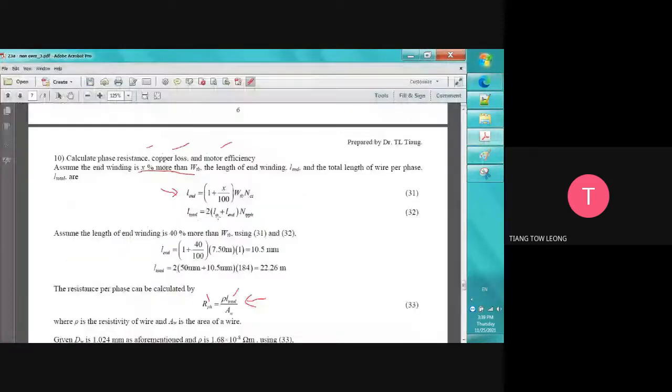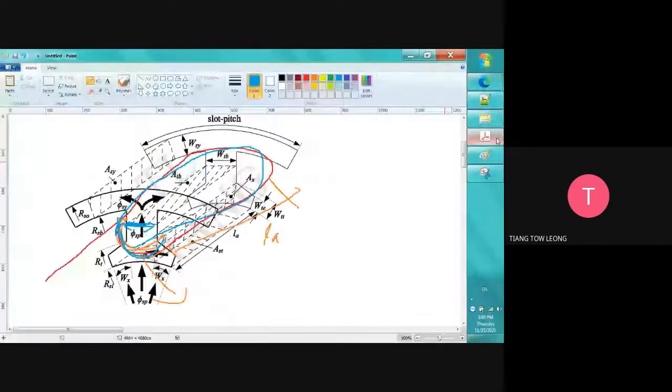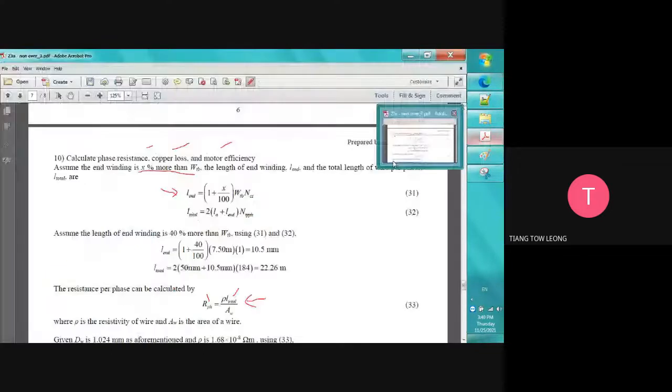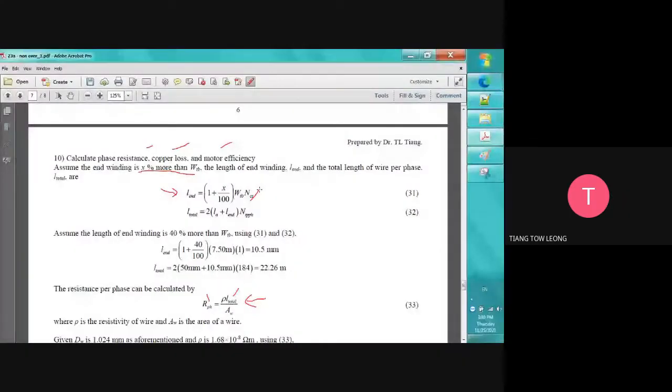And then we multiply by WTB, and then by the number of coil span. This one is only for non-overlapping winding machines. If overlapping, that's a different story. This formula cannot be used if there is overlap.